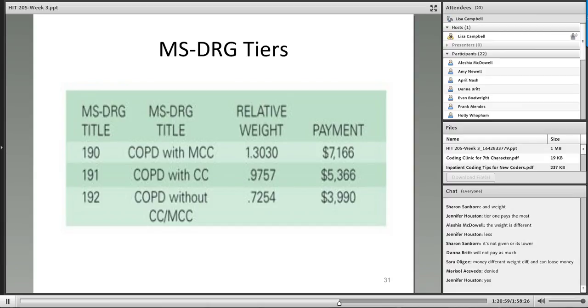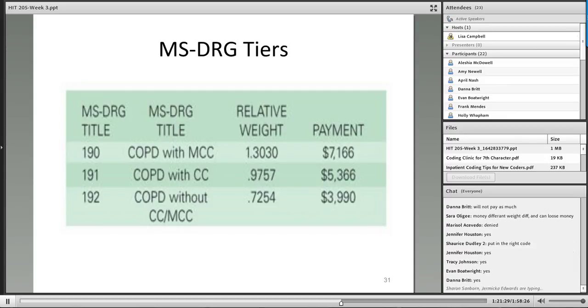All you got to do is code the record, get your diagnoses, you plug your diagnoses into the encoder, and the encoder gives you the DRG, and it gives you the weight. And the encoder knows if the secondary diagnosis is a CC or an MCC. Does that make sense to you guys? That the encoder knows. We don't got to memorize.